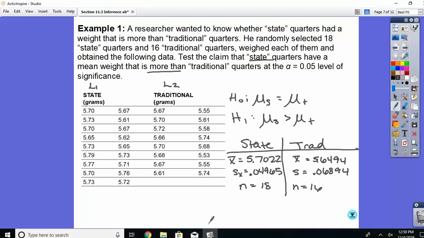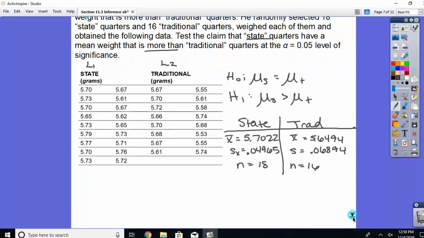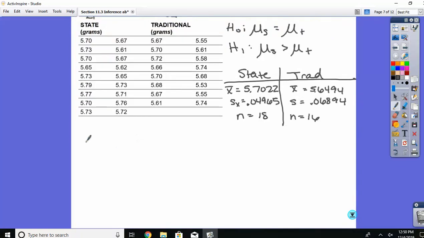Okay. Everybody look at your formula sheet as we do this T formula so you know where it's coming from. So my test statistic, my T of 0. X sub 1 bar minus X sub 2 bar. So this was my L1, my L2. So I'm going to do the state minus the traditional. Minus, okay.